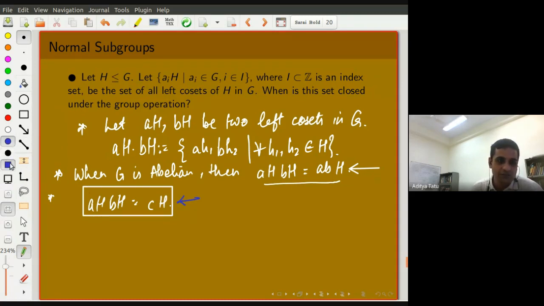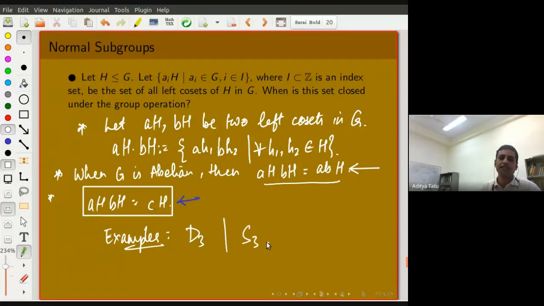Which one will work, I don't know. Look at the cosets of the two subgroups of D3, and maybe also S3, and see if this particular property is true.